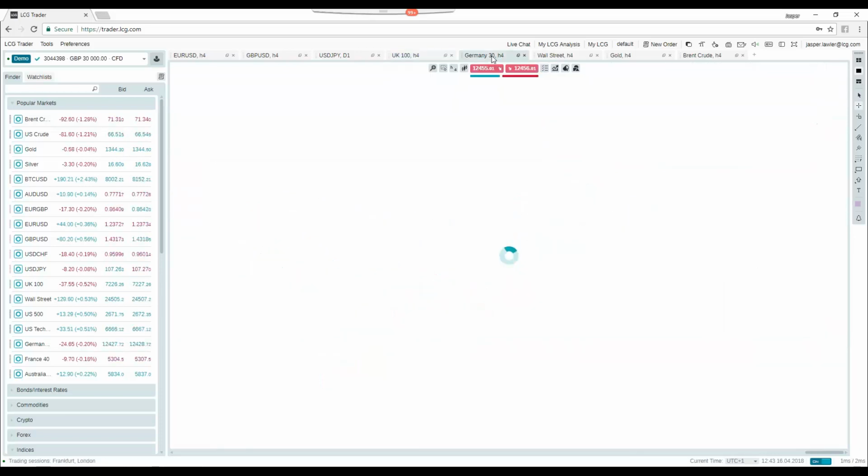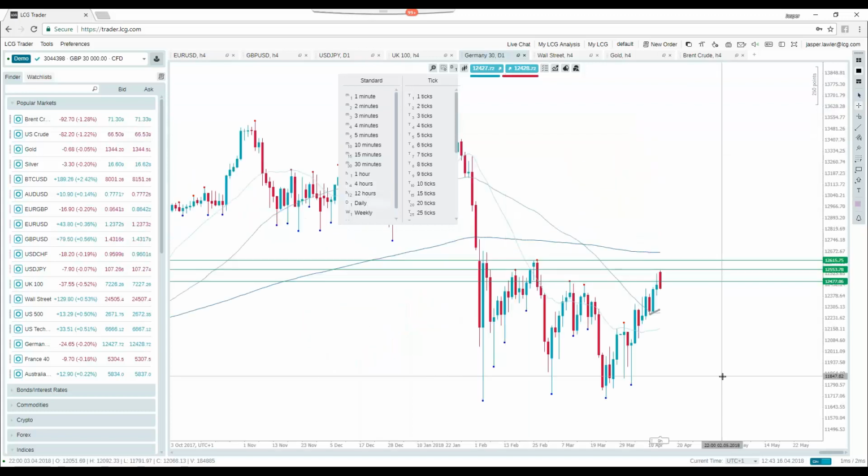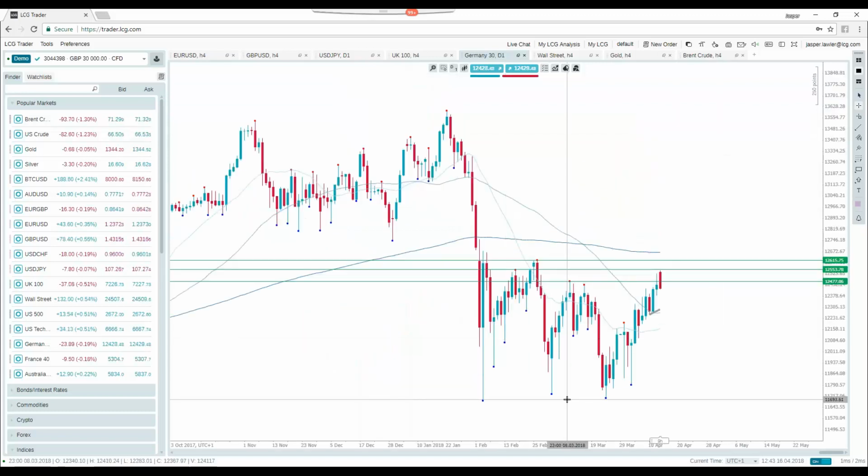Okay, switching gears to the Germany 40, a similar theme here, where obviously we've held the lows on 3 occasions, and now we're rallying up to these resistance areas. So we've taken out this high here, and we're now up to this peak over here, and this is the zone that we're dealing with.